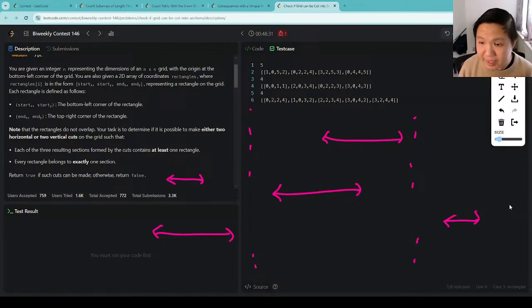So for folks getting stuck on question 2, getting memory limit exceeded, is it because you are doing a full 2-dimensional array? If you're doing DP, you probably don't want to do DP for the entire array. It's going to be very, very big. You're doing a queue? I would not recommend a queue.